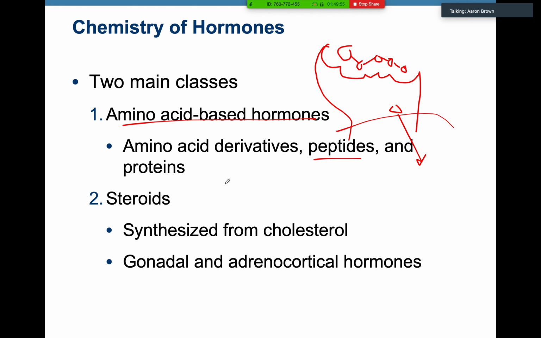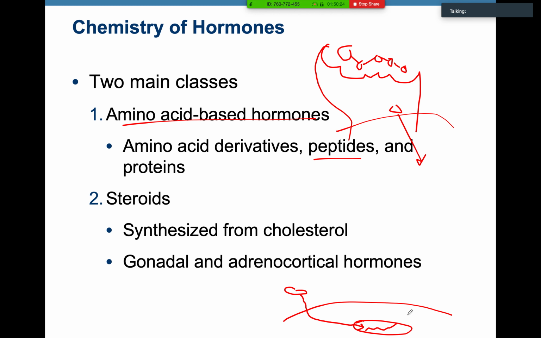Other types of hormones do not bind at the surface. If this is our cell wall, here's our nucleus. Excuse me. Here's our steroid hormone. Steroid hormones contain cholesterol. That means they can go straight through the membrane of our cell, get into the cytosol, pass through the cytosol, go right to the nucleus, and ultimately bind directly to our DNA and cause changes to our DNA.